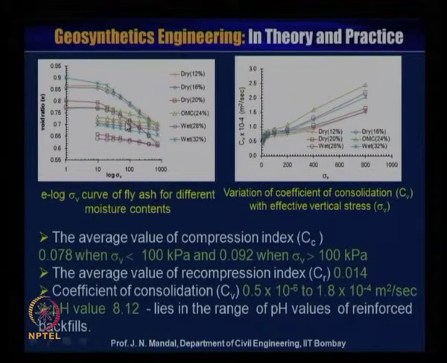So, here we can calculate the average value of the compression index, which is called Cc. This compression index is 0.078 where sigma v is less than 100 kilopascal, and 0.092 when sigma v is greater than 100 kilopascal.